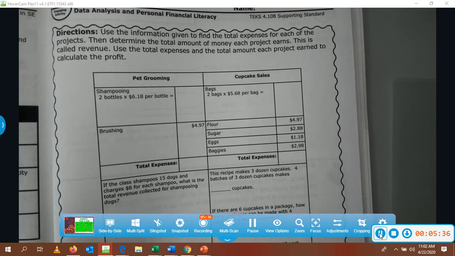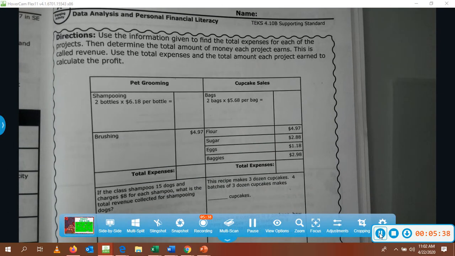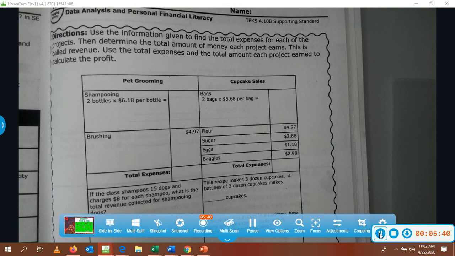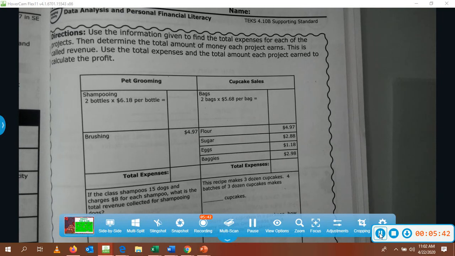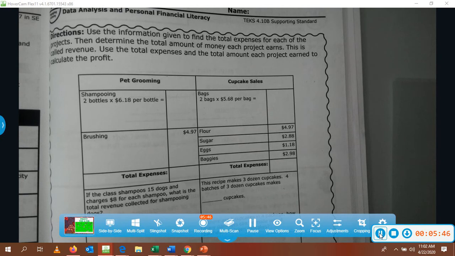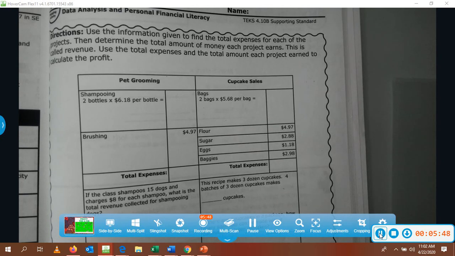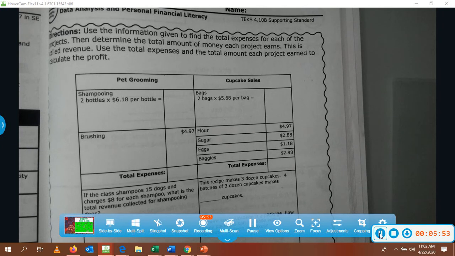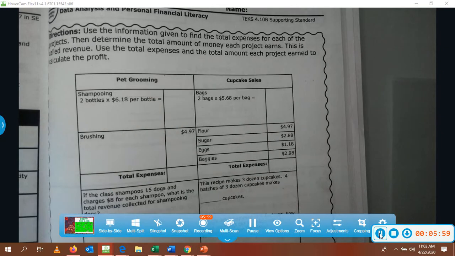So, we have two different things going on. We have pet grooming and we have cake sales. On the pet grooming side, shampooing: 2 bottles times $6.18 per bottle. Then brushing, they charge $4.97. So that's your total expenses after you find the two calculations right here.